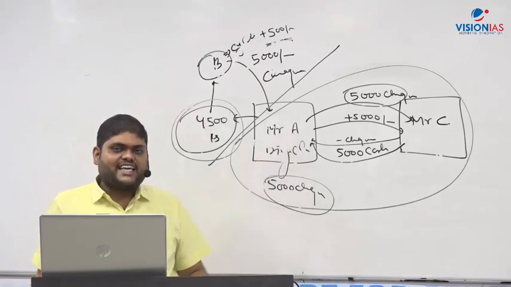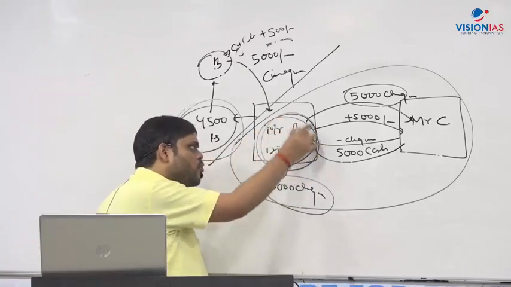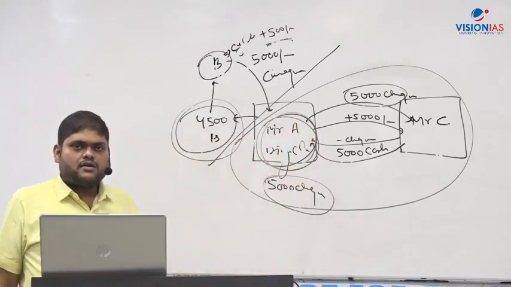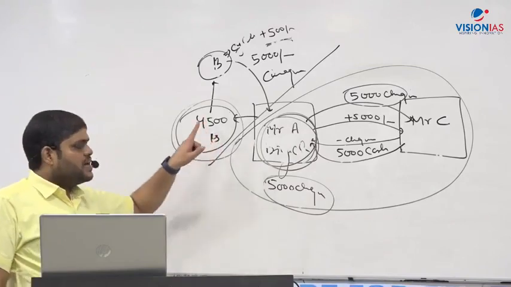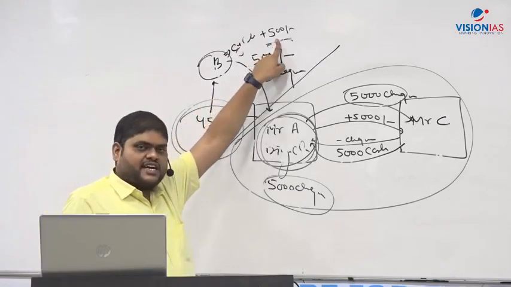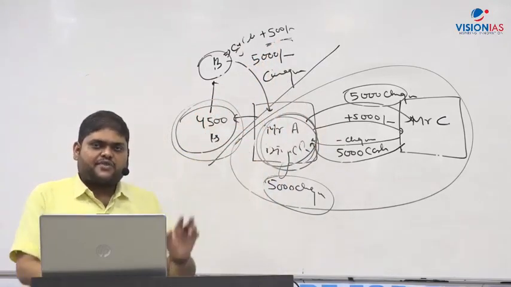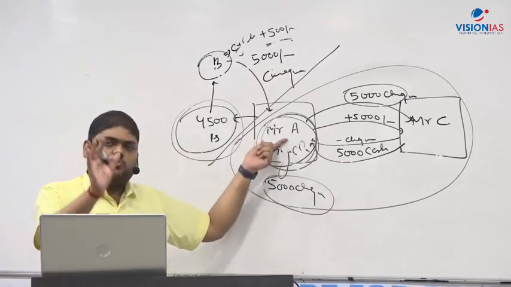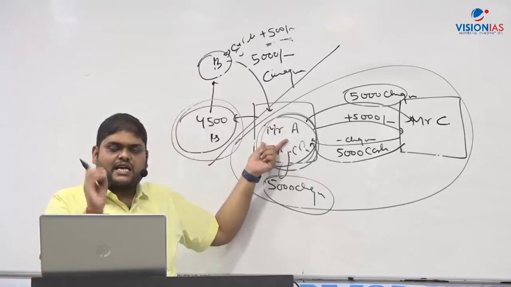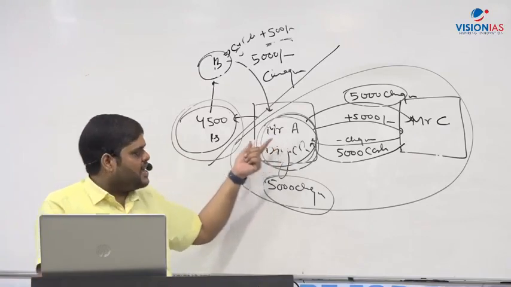So think like this. What is Mr. A actually losing? Somebody is saying, sir, Mr. A is losing 4,500 plus 500 plus a check of 5,000. Did that 5,000 rupees check belong to Mr. A initially? No. That check doesn't belong to Mr. A. What belonged to Mr. A?